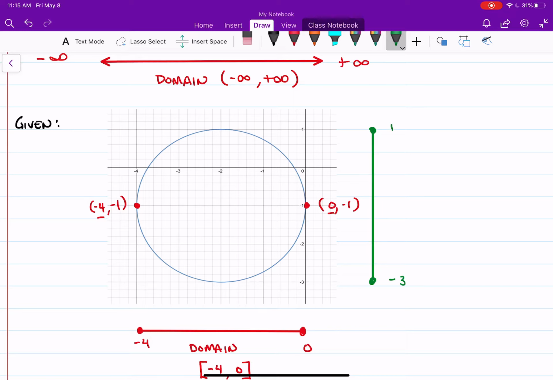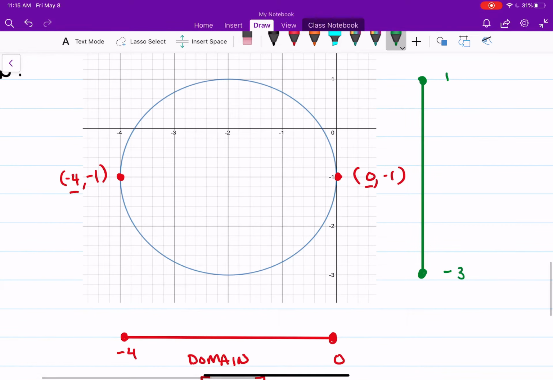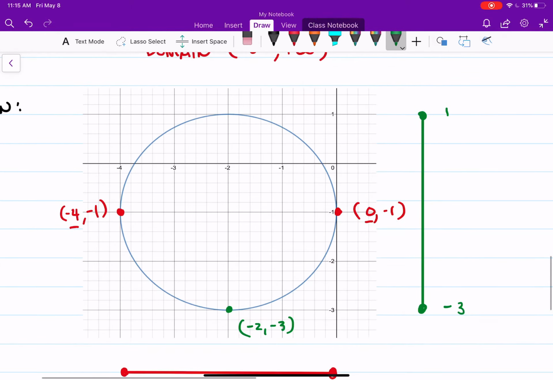Let's look at that. If you look at this, now we're looking for y values, right? This point right here is -2 comma -3. And this point here is -2 comma 1. So why did I use the -3 and why did I use the 1?